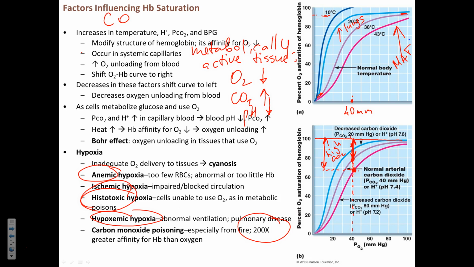So if we would compare the rate at which saturation with CO occurs, it's going to be basically 200 times faster. So when a person starts to inhale carbon monoxide, it binds to hemoglobin, and oxygen cannot unbind it back. Does that make sense?